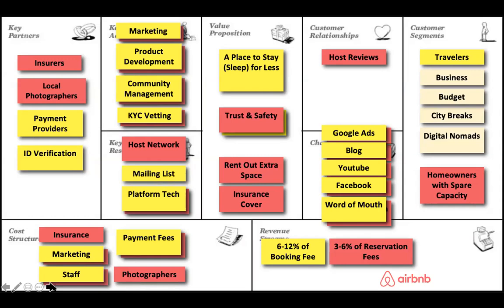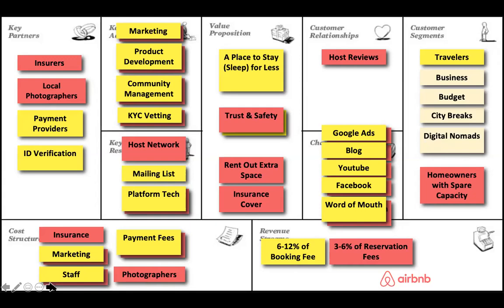So the last piece that I wanted to spend a little bit of time on, which is exactly using the Airbnb model, is to talk about how the business model canvas can be used to innovate. You hear a lot of people say that nowadays, the most significant and disruptive type of innovation that is happening is not technological innovation, but it's really business model innovation.